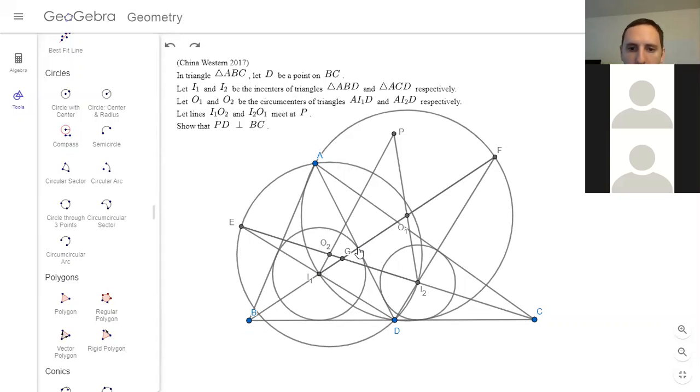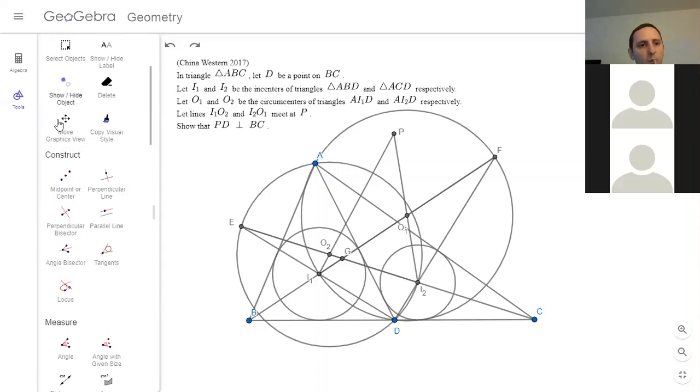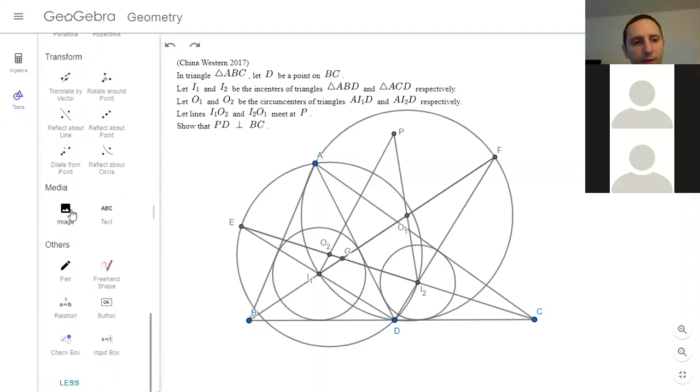BI1, this point, and F are harmonic, and then CI2, this intersection point, and E are harmonic. Does that give us anything? And then we can project it onto the circle. I just don't know if that helps.